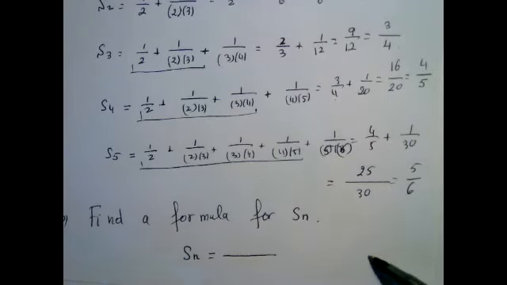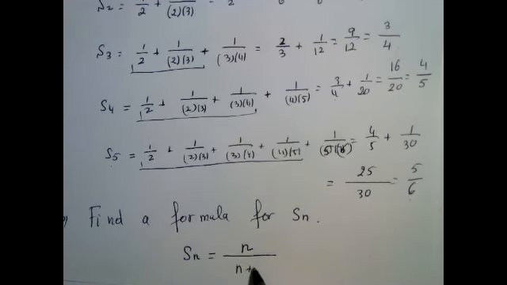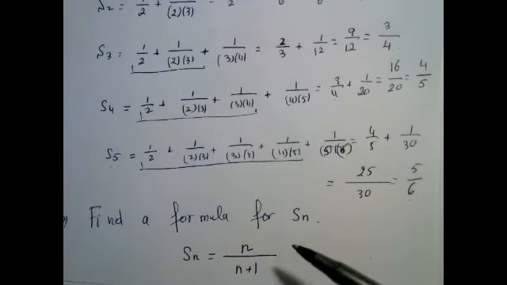Using the pattern we developed, what's going to be Sn? n over n plus 1. It's very clear. With n as 5, 5 over 6. If I add the first 100 terms, I'm going to get 100 over 101. If I add the first 1,000 terms, it's 1,000 over 1,001, and so on and so forth.